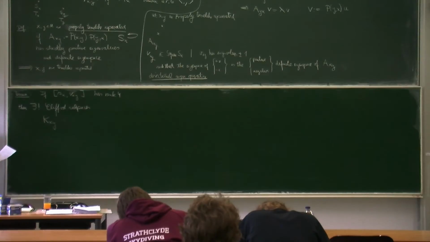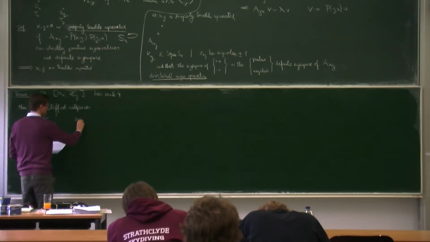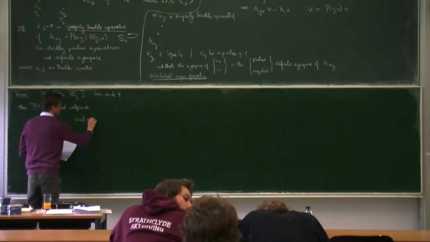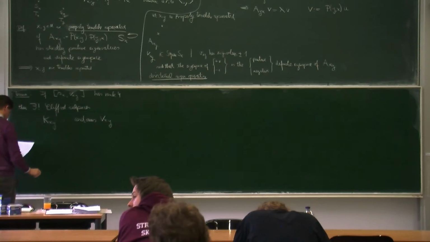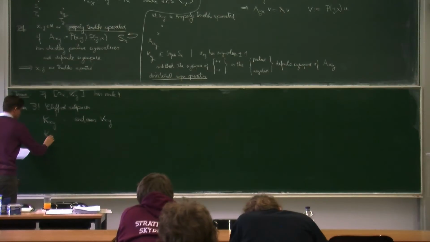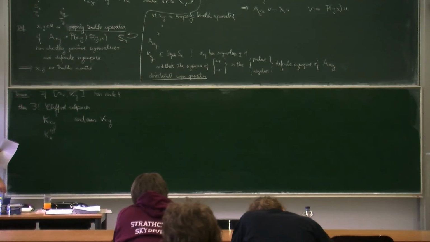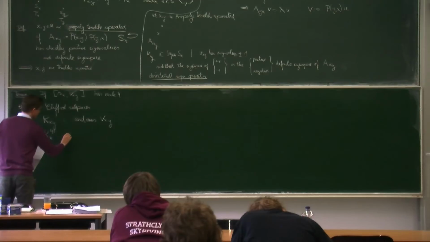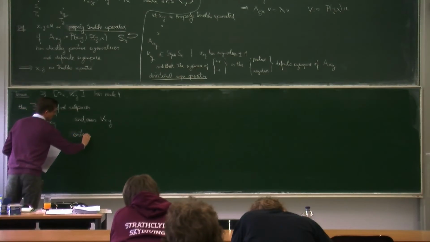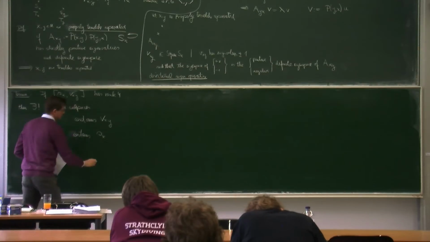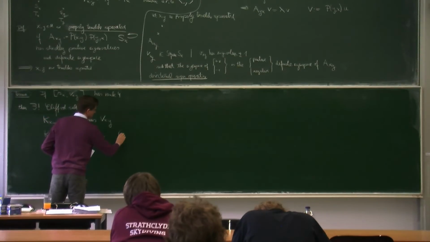So this is a Clifford subspace which contains V_xy. And then there's another Clifford subspace called K_xy, and this is in fact a Clifford extension. In other words, this contains S_x. In other words, it is a Clifford extension.